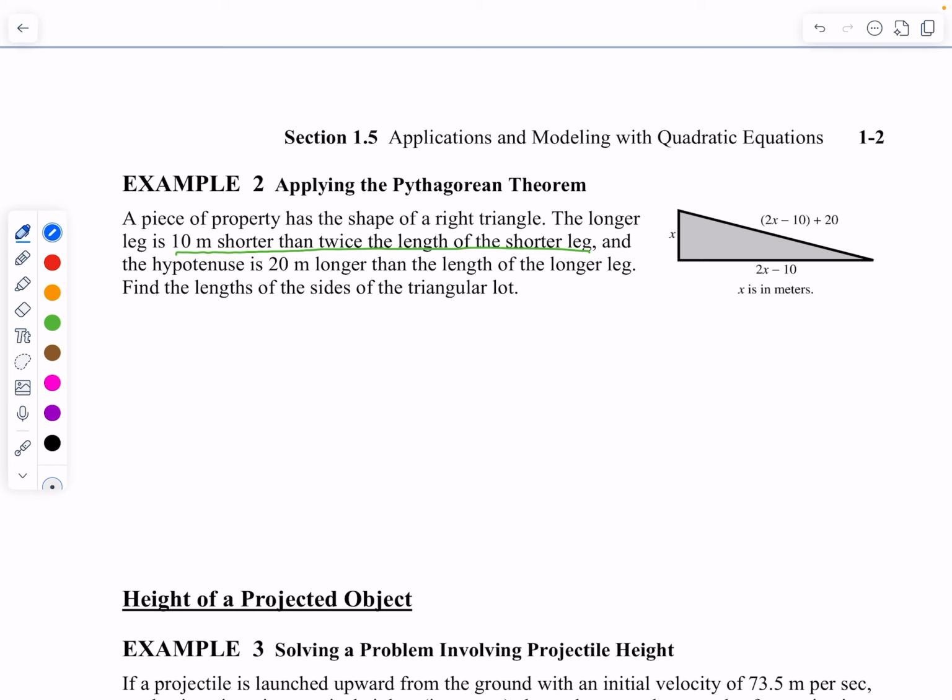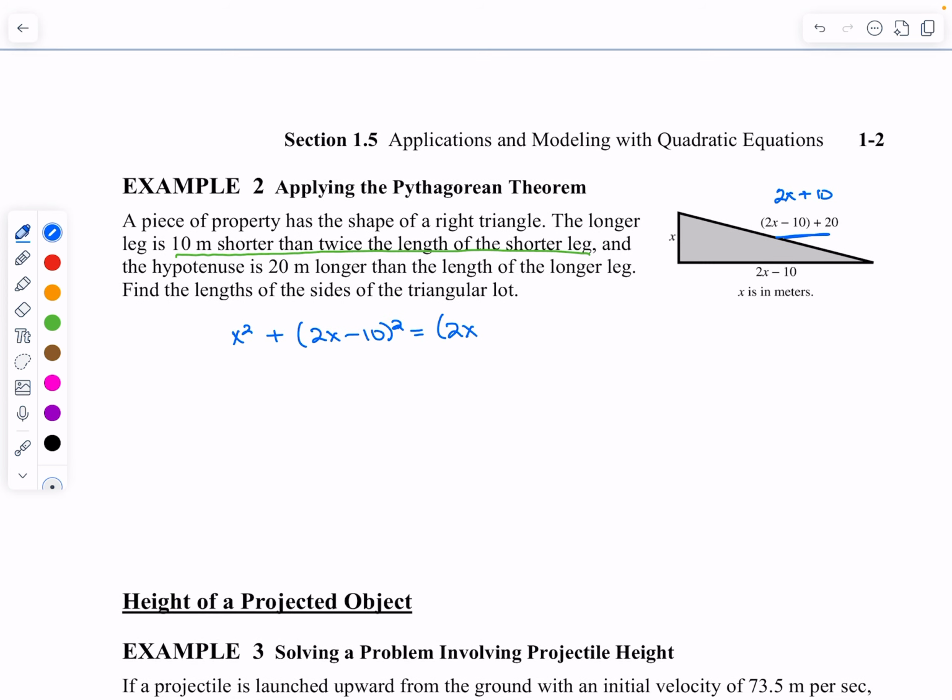So now we're going to use the Pythagorean theorem, and that's just leg squared plus leg squared equals the hypotenuse squared. So I'm going to do my first leg, x squared, plus my next leg, 2x minus 10 squared, equals my hypotenuse squared. Now, before I put this over there, I'm going to simplify it a little bit. So 2x minus 10 plus 20 is going to be 2x plus 10. Then I'm going to square it.